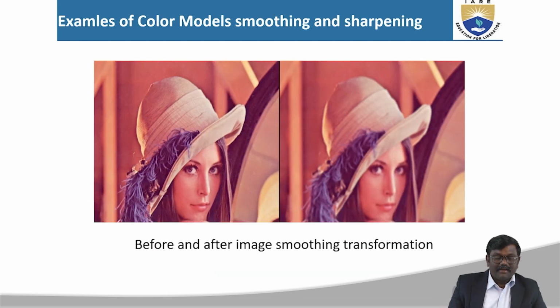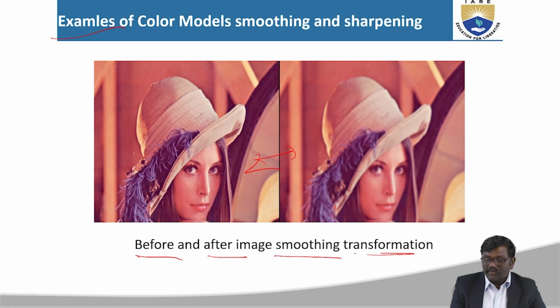So let us see examples of color models in smoothing and sharpening. Before and after smoothing, compare this image with the other image, how the image changes with the smoothing transformation.